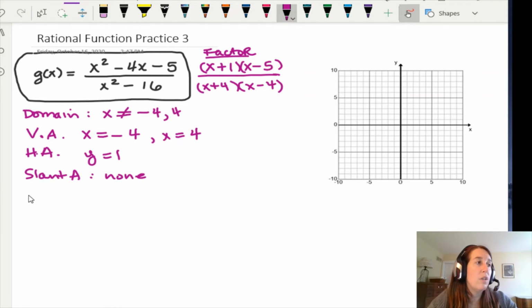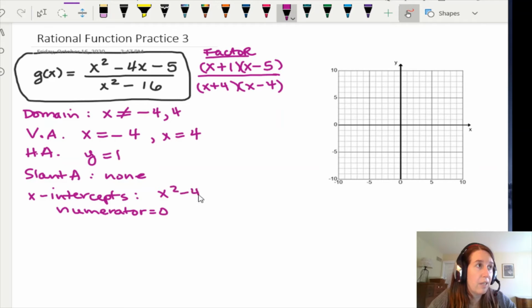Okay, so let's look at the x-intercepts and the y-intercept. The x-intercepts are where the numerator equals 0. Because we're going to set the function equal to 0, so that's x squared minus 4x minus 5 equal to 0.